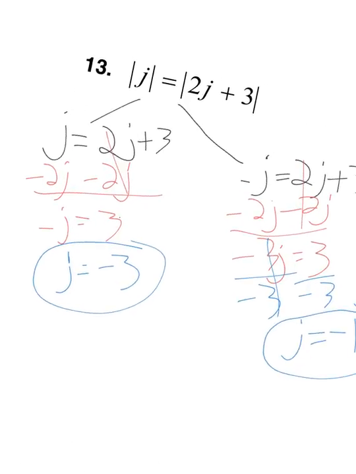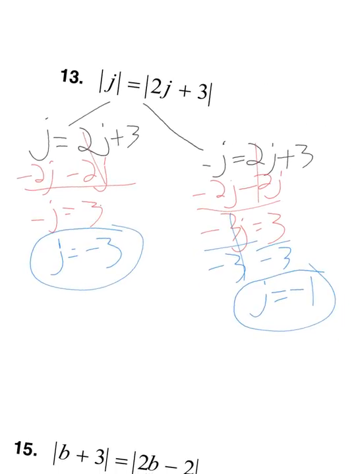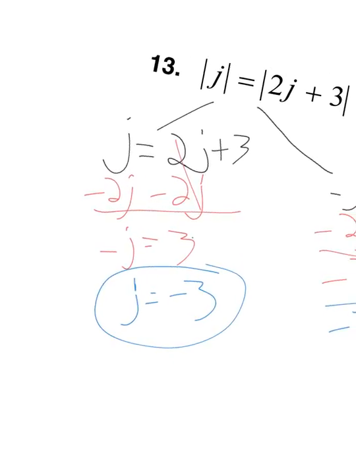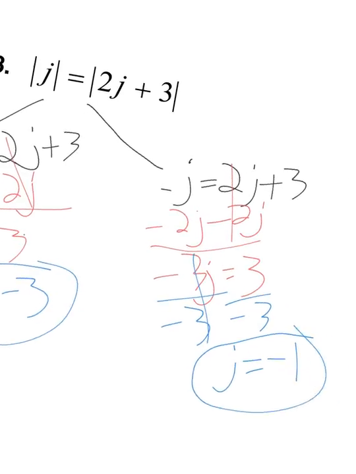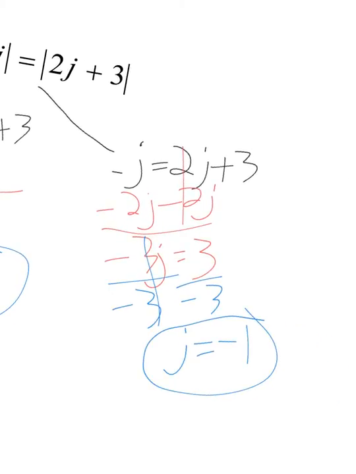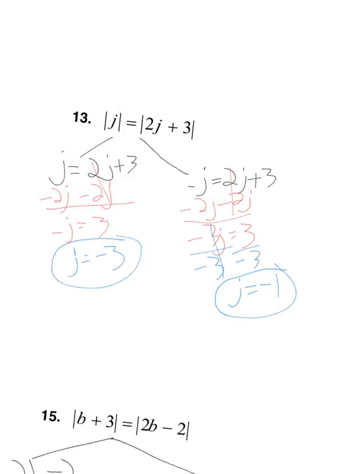It doesn't matter what side you pick to be negative. There's just a j on the left-hand side of the equal sign, so that's what I did there. So anyway, minus 2j over, and I get negative j equals 3, so positive j equals negative 3. When I minus 2j over here, I get negative 3j equals 3. Dividing by negative 3, I get j equals negative 1.